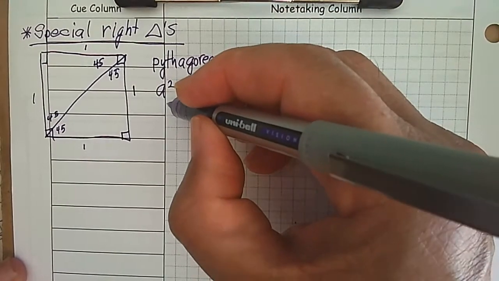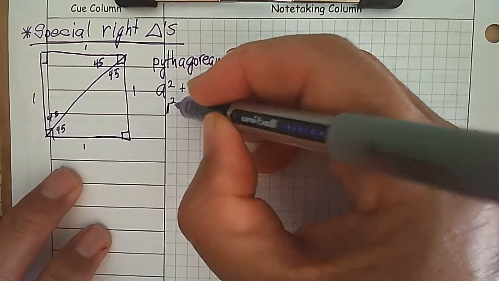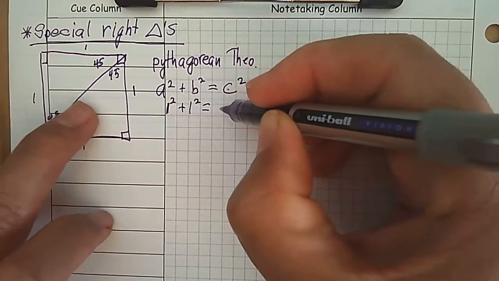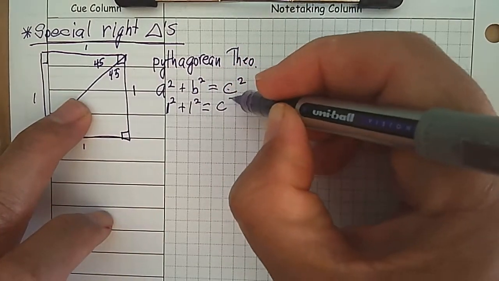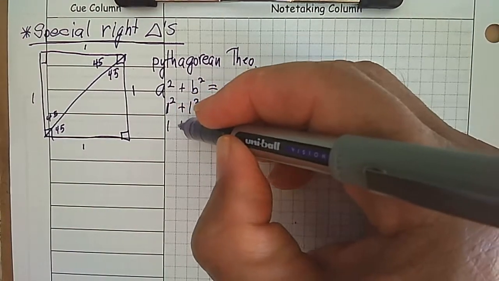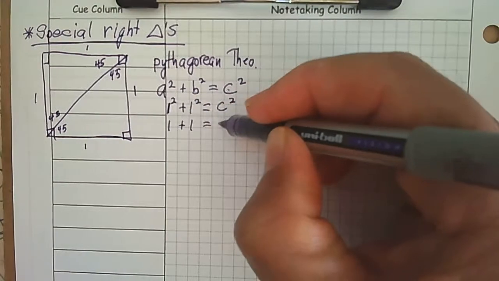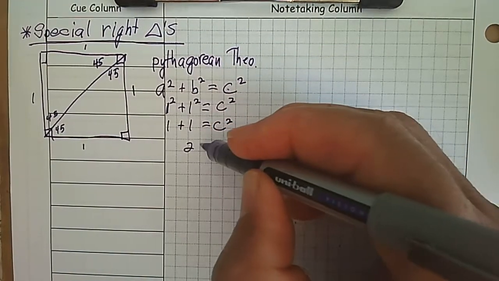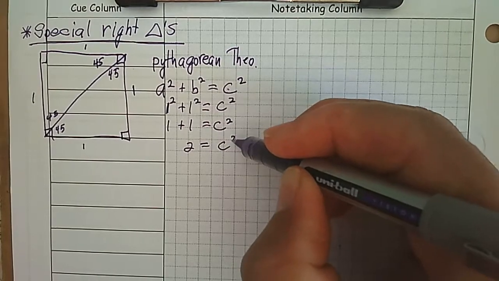So one of the legs is 1, the other leg is 1, and the hypotenuse, we don't know. Keep it as c. 1 squared will give you 1, 1 squared will give you 1, and that's equal to c squared. 1 plus 1 is 2, is equal to c squared.